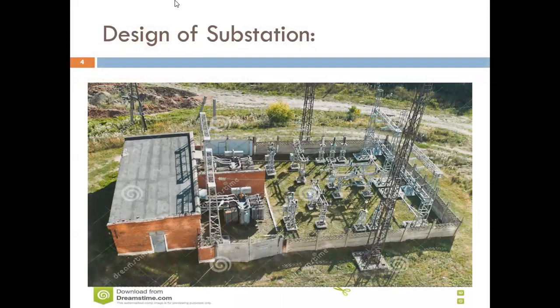Now, the design of a substation. You see in the photo, this is a room, this is the control room. You see in this photo, this is a transformer, and all of this is called a switch yard.